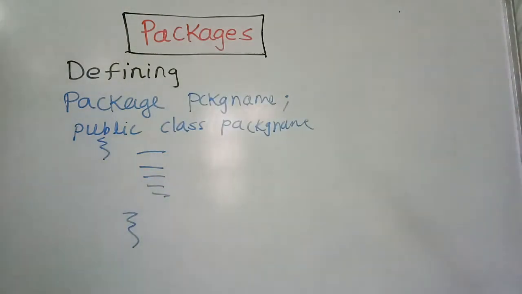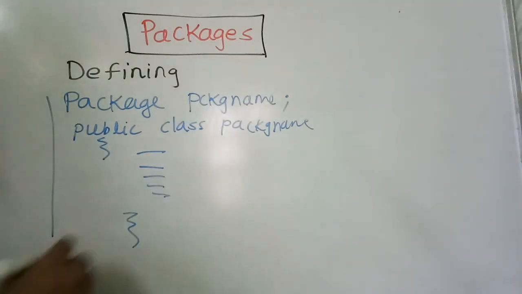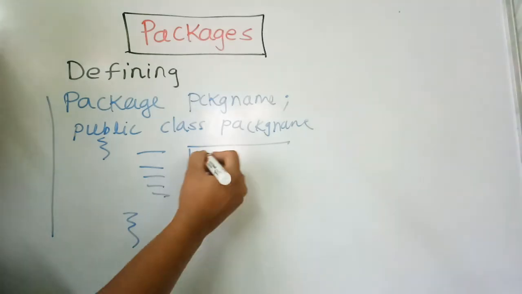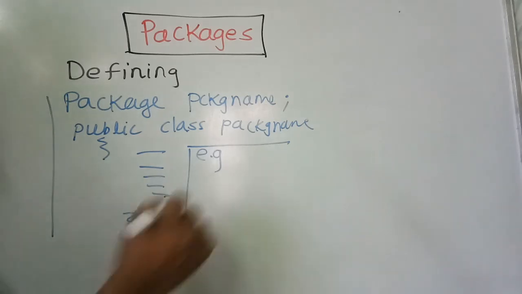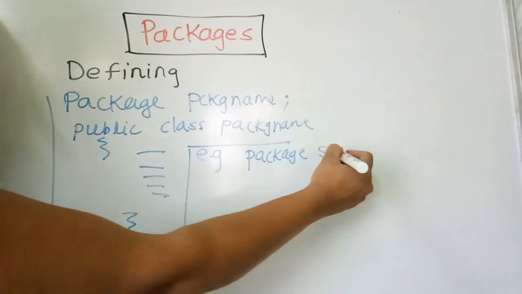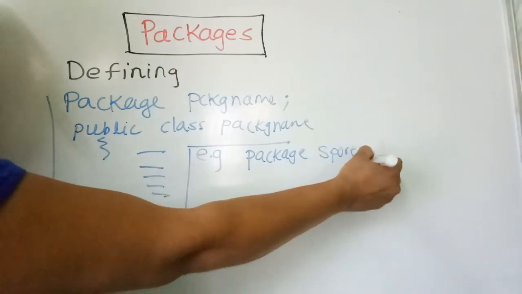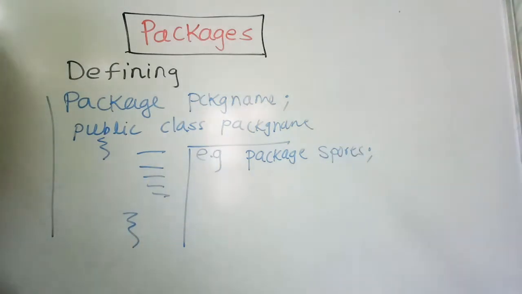Now we will get the detailed mechanism behind this definition part. Before that, I will give one example of how you create your own packages. Suppose you have a package named sports, followed by a semicolon.